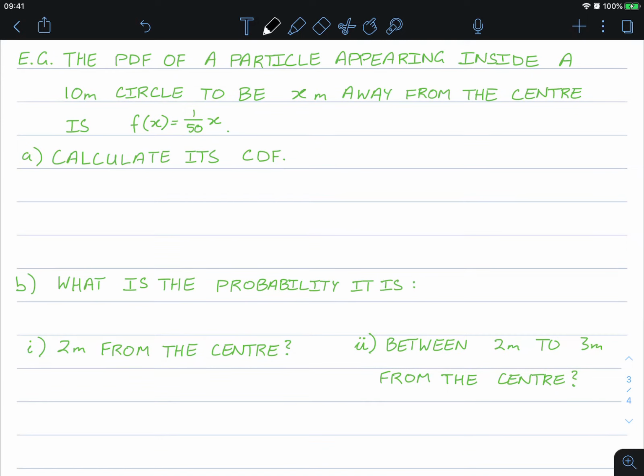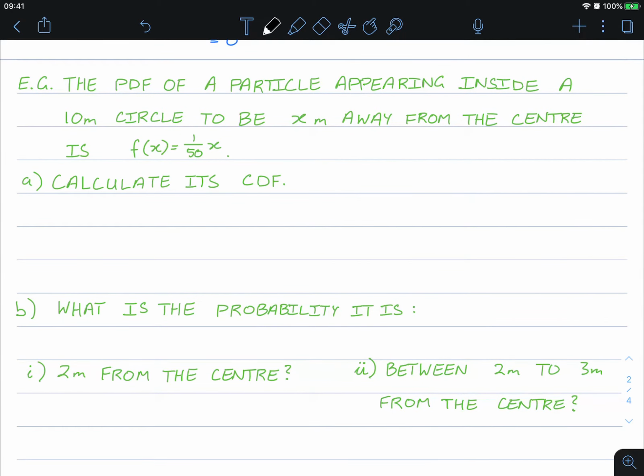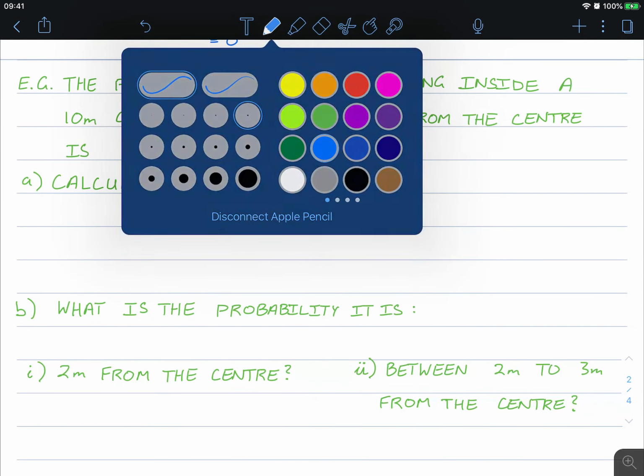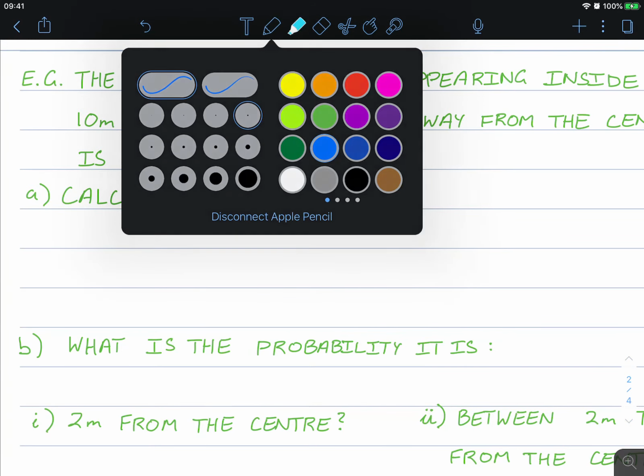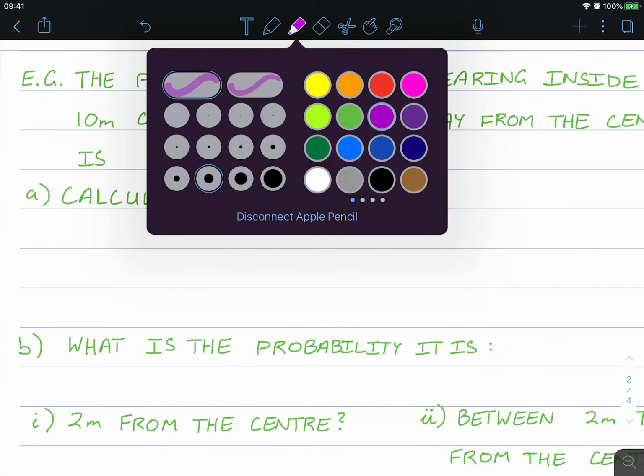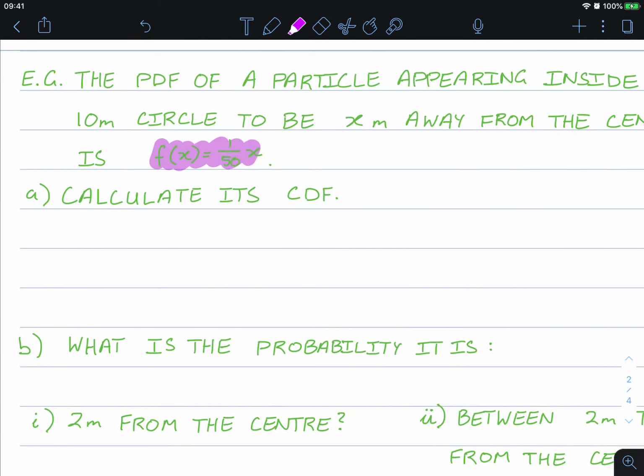The PDF of a particle appearing inside of a 10-meter circle to be x meters away from the center is given by f of x equals 1 on 50 x. Let's calculate its CDF. So this here, let's do this in purple, is our probability density function, PDF.